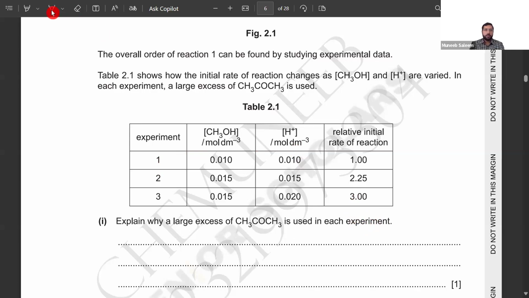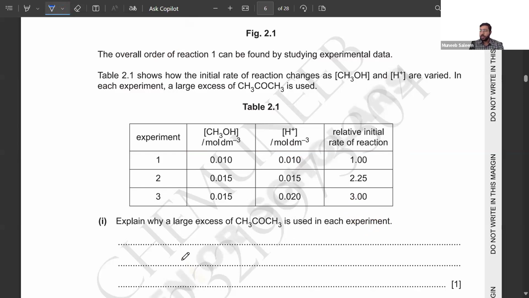If the table is indicating the relation between the concentrations of methanol and acid with the rate of reaction, then one of the reactants, propanol in this case, is made constant to check the rate's relation with the other two reactants.